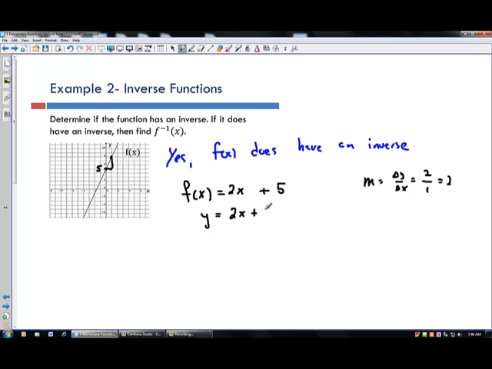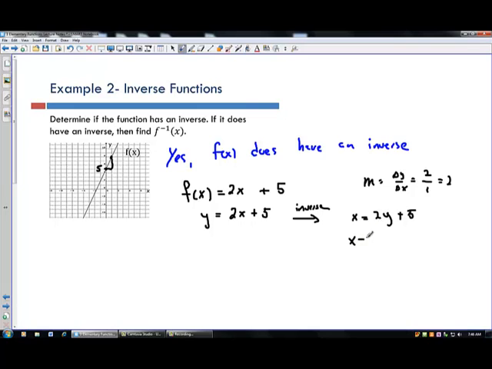And then to find the inverse, it's really simple. You just, in some sense, flip x and y and solve for y. So to find the inverse, wherever I see a y, I'll put an x. Where I see an x, I'll put a y. And this will find the inverse of f. Then I solve this for y.